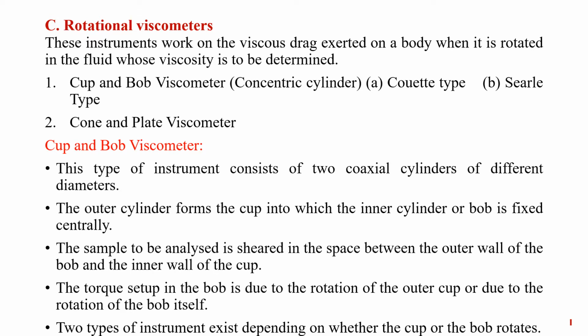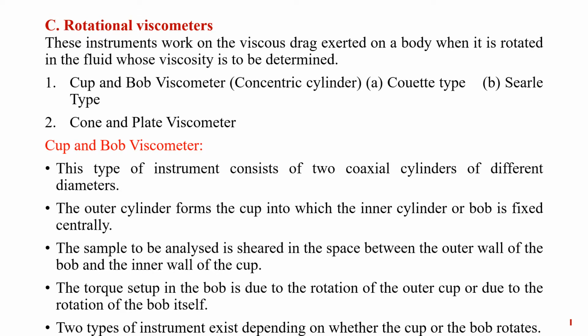The name indicates that this instrument has two parts, the cup and the bob. Both are arranged coaxially, and the outer cylinder forms the cup, and the inner cylinder is known as the bob. It is fixed centrally.